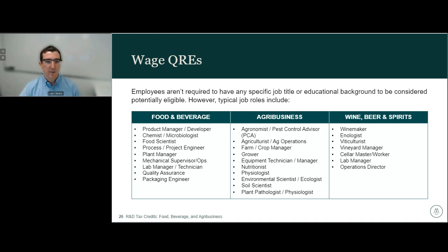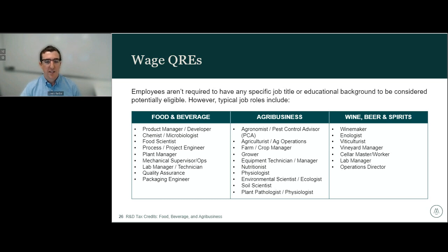And this is especially important in food, beverage, and agribusiness companies where the job titles may span across a broad spectrum of different job roles. On the food and beverage side, we regularly see product developers or managers, those people who are coming up with new concepts for food products or beverage products. We do see food scientists, or chemists, microbiologists, et cetera.